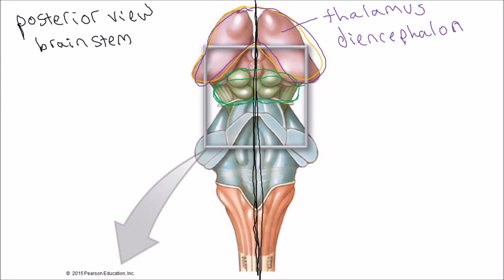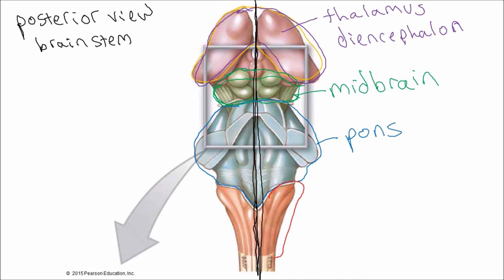And this green part is the midbrain. I just want to go over this again with you because I want you to see the back of it. And then below the midbrain, remember it had that very prominent bump in the front, but we're looking at the back now, so we're not going to notice that. But this blue section is the pons.